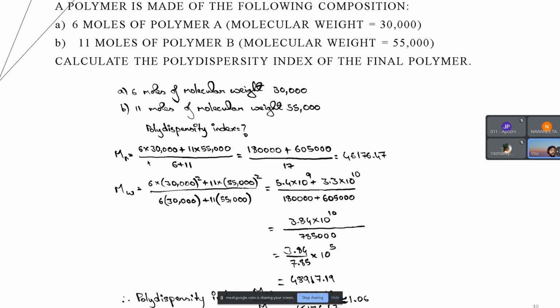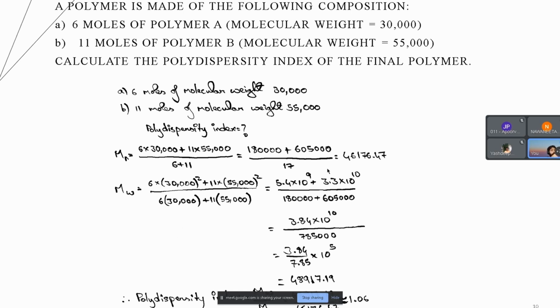And to calculate the weight average, all you have to do is the number of moles times the molecular weight squared over the number of moles times molecular weights of the individual polymers. So if you do that, you get these values.